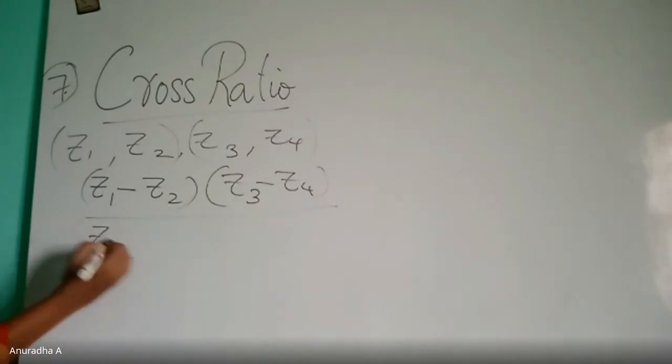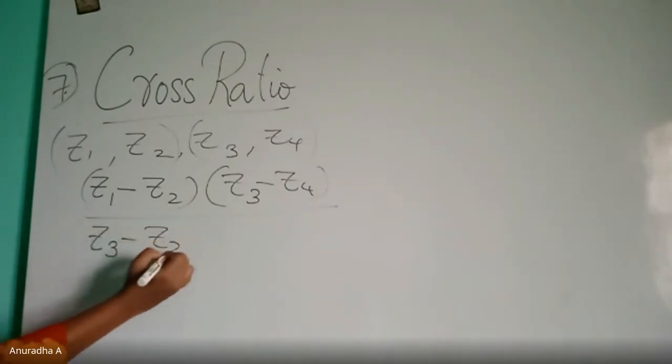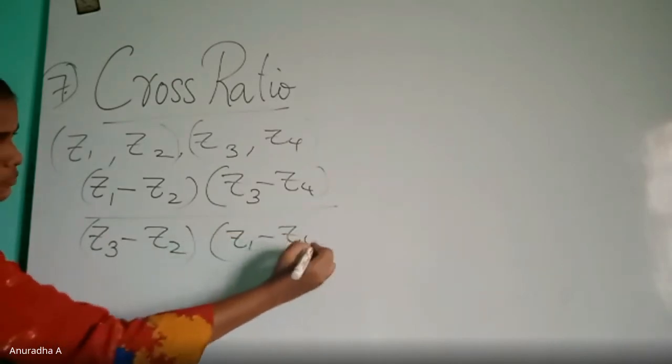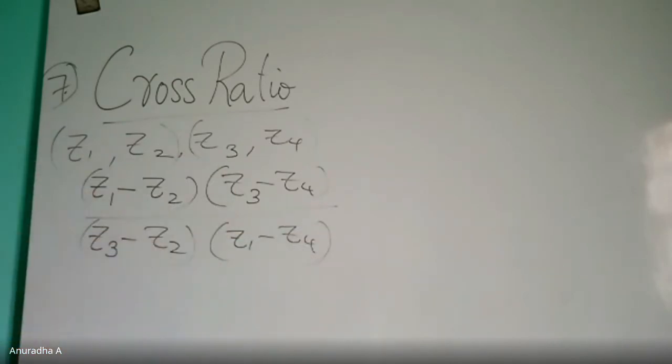So it is Z3 minus Z2 and Z1 minus Z4. This is called the cross ratio of 4 complex numbers in the same domain. Some Z plane is given to us, 4 points are given, this is called the cross ratio.